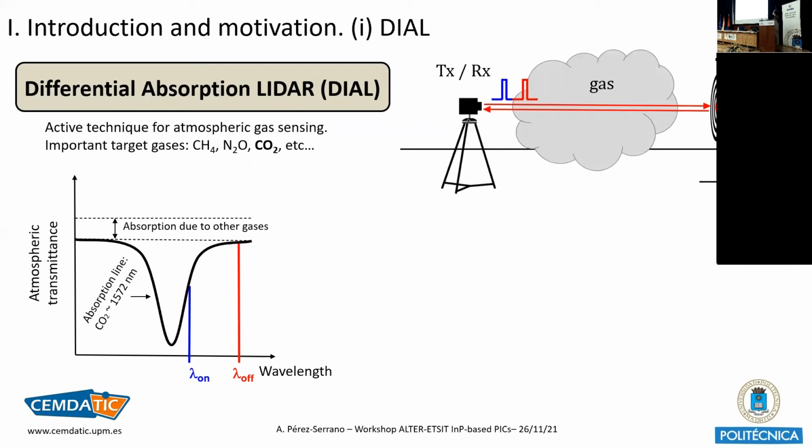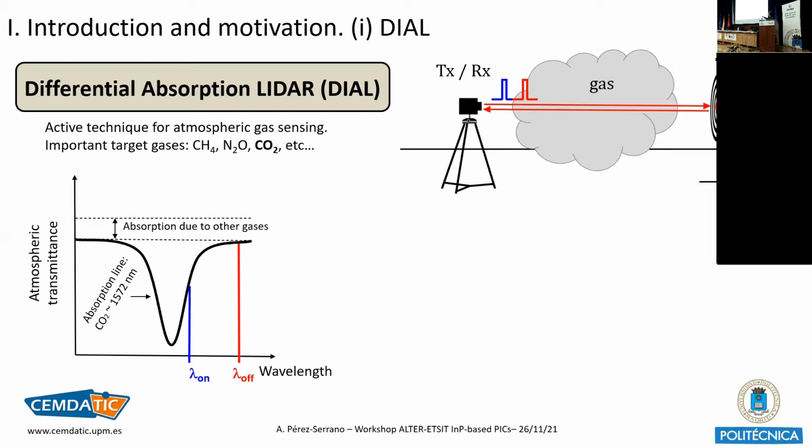About differential absorption lidar, DIAL. This is a well-known active technique for measuring atmospheric gases such as methane, nitrous oxide, or carbon dioxide. The standard technique consists in sending two pulses, at least two, at different wavelengths that we can see here. They are tuned at different wavelengths in comparison with the transmittance of a target gas, in this case carbon dioxide.